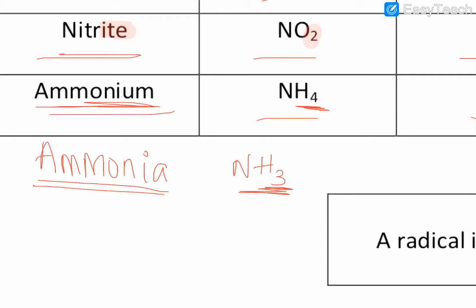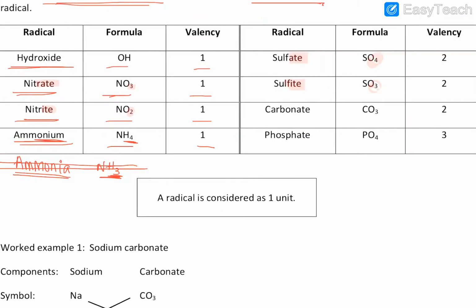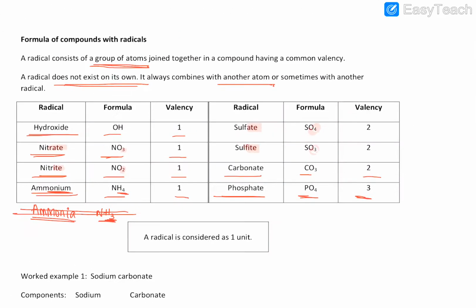So ammonia is not a radical here. Ammonium is a radical. Sulfate, sulfite, carbonate is CO3, it has valency 2. And phosphate is PO4, it has valency 3. So here you see the list of radicals that you need to know for the IGCSE syllabus.